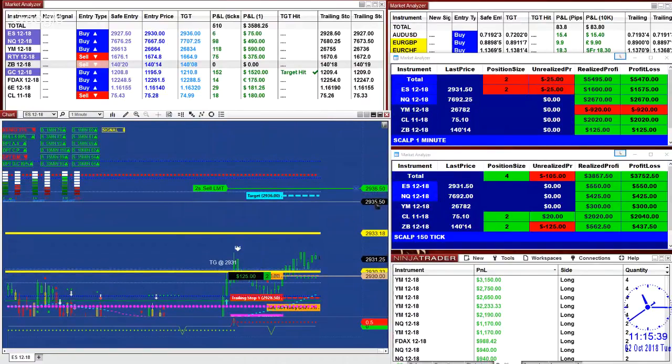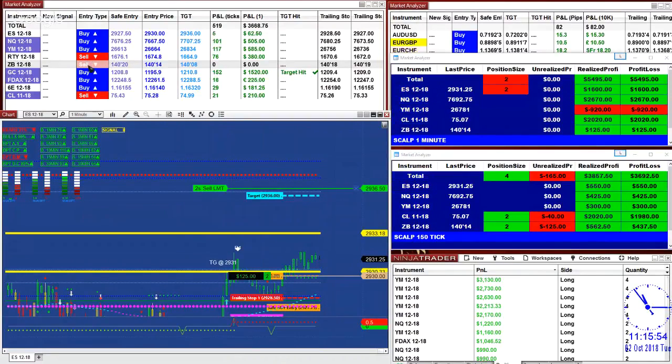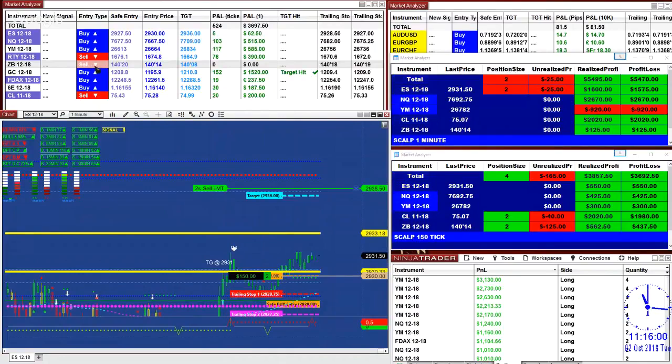You can always identify if the market is going in sequence or not. And now we have the market going in sequence. We have the ES, Nasdaq, Dow Jones to the plus buying, and we have the ES to the sell. That is acceptable.